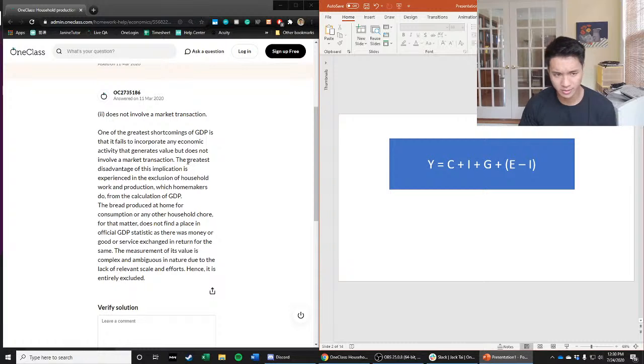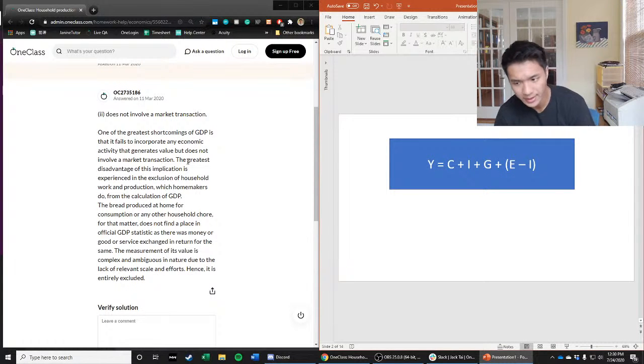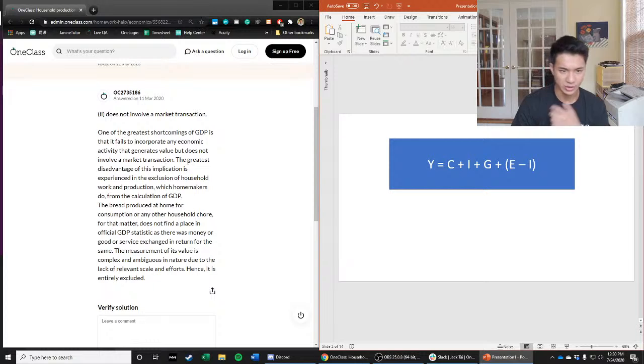Let's take a look at the previous tutor's answer. They also chose two, and they said that one of the greatest shortcomings of GDP is that it fails to incorporate any economic activity that generates value but does not involve a market transaction. The greatest disadvantage of this implication is experienced in the exclusion of household work and production, which homemakers do, from the calculation of GDP.